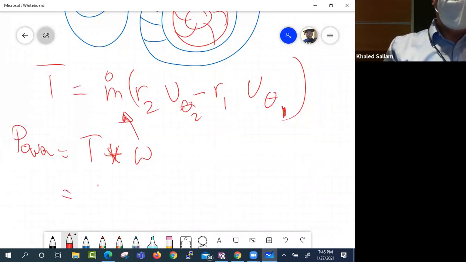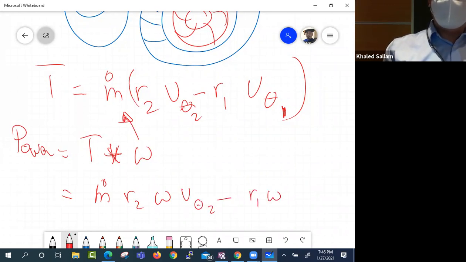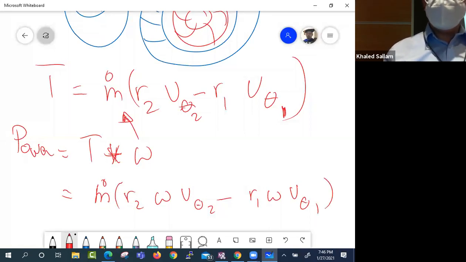We get m dot times (R2 omega V theta 2 minus R1 omega V theta 1). What did I do? I just multiplied omega everywhere.